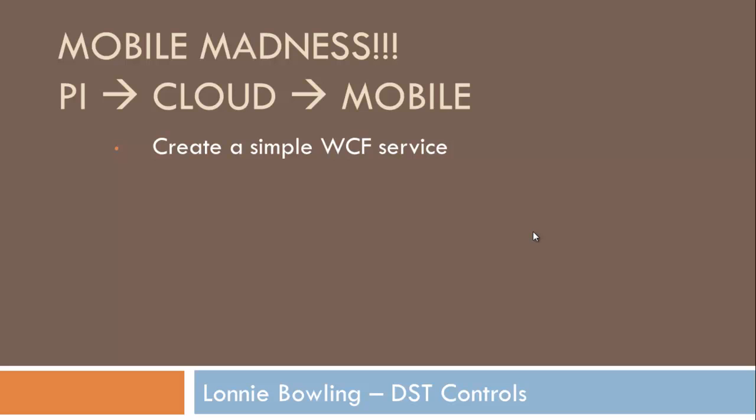So the WCF service is something that we're going to dive into in this screencast, and also we're going to be talking about Azure a lot and talking about service buses on Azure. So we're going to do these first two items today.